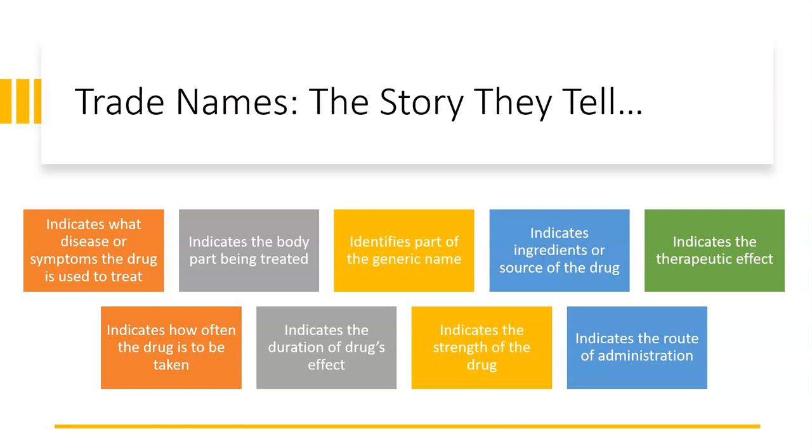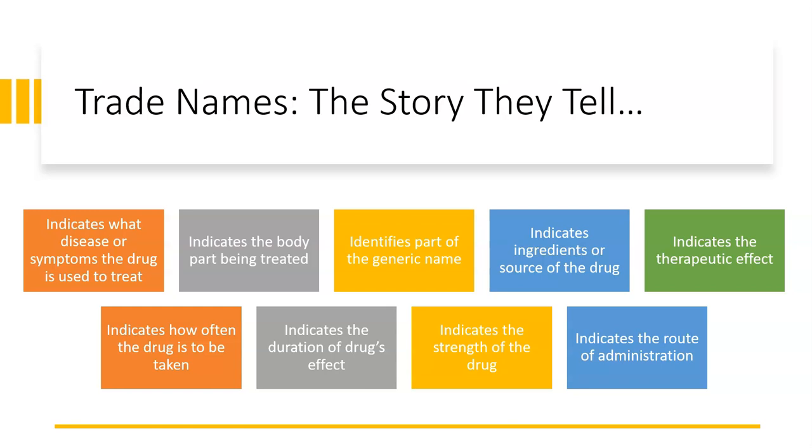Now, using the trade name to help indicate the therapeutic effect. Glucotrol, it controls glucose. It's used for type 2 diabetes. Lipitor or Lopid, I like that one even better. Both of those lower cholesterol, they lower lipids.